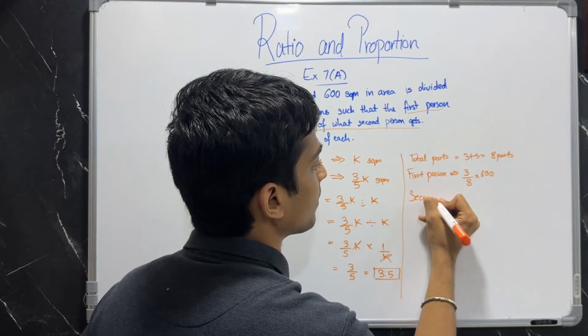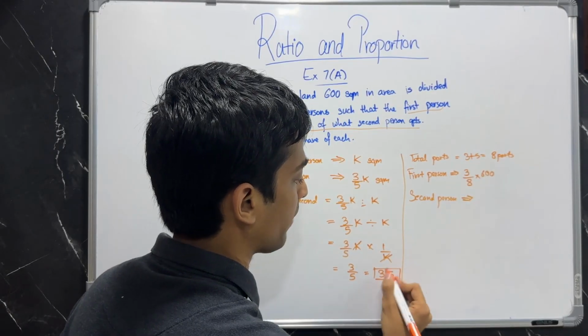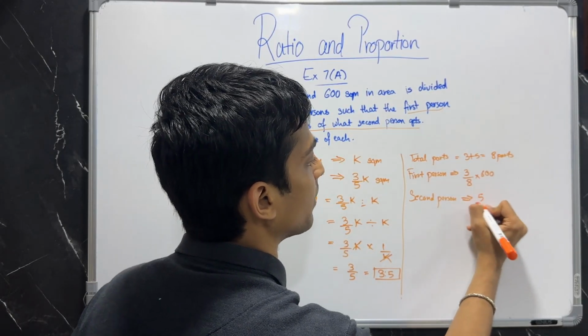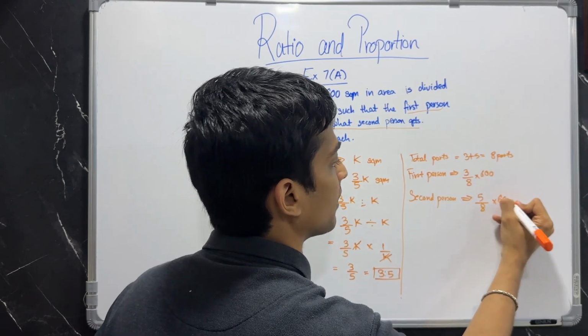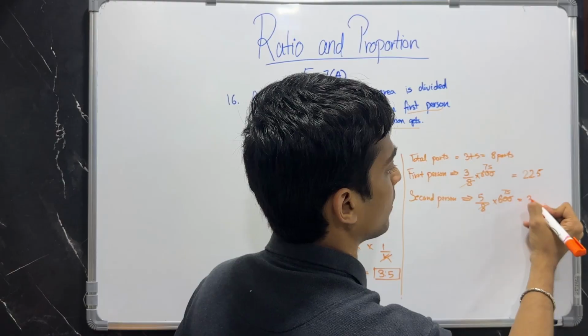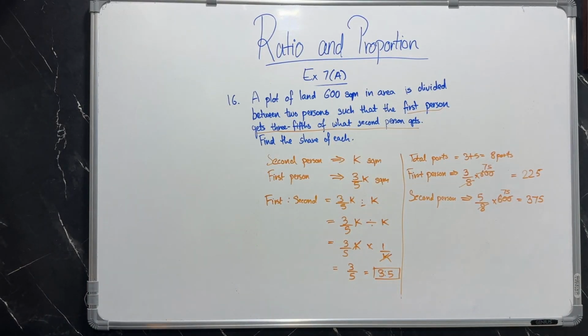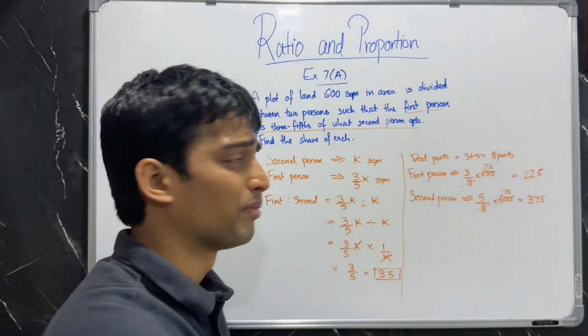Second person gets 5 parts out of 8 parts of 600. So when we simplify, we get 375. So this is the final answer.